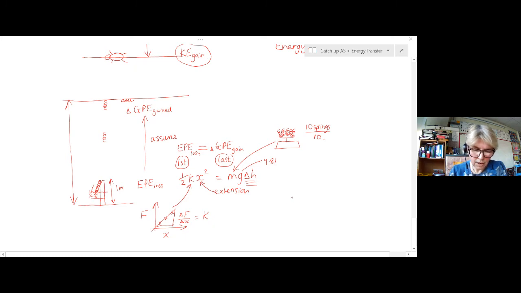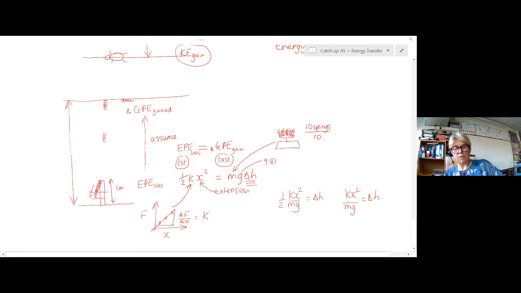If I want to find the change in height, I always leave it on that side, and I move everything else relative to it. So mg is times the change in height, so I divide on the other side. So I have half kx squared over mg, and then let's just tidy that up: kx squared over 2mg equals the change in height.